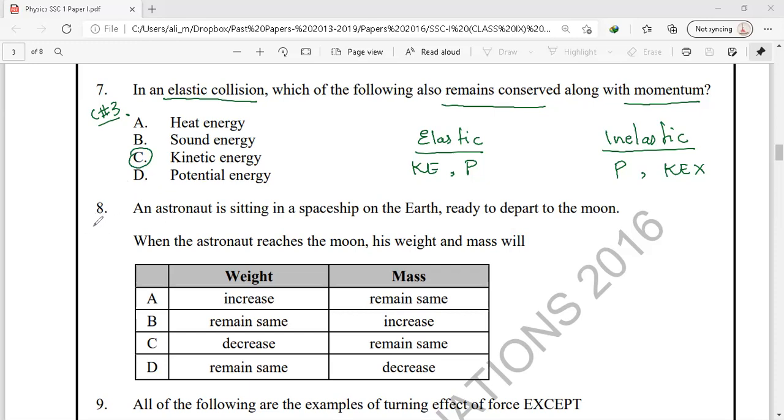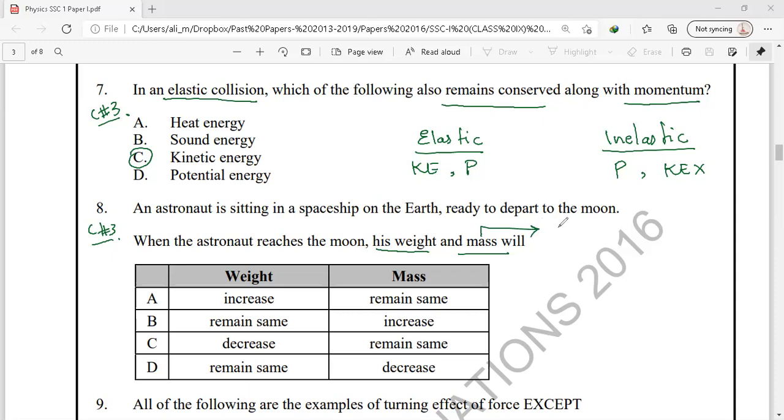So next question, that is question number 8. This is from our chapter number 3, Dynamics. An astronaut is sitting in a spaceship on the Earth, ready to depart for the moon. When the astronaut reaches the moon, what will be the effect on his weight and mass?